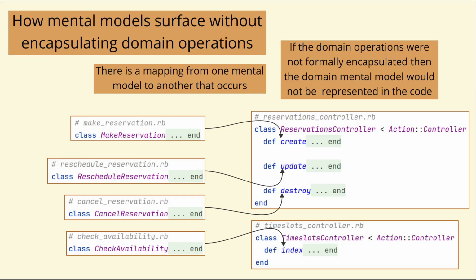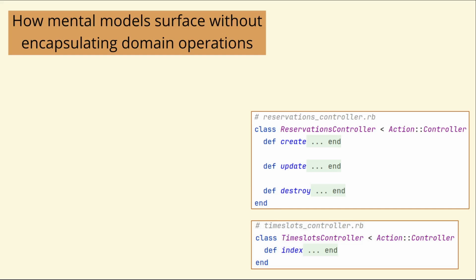And the main point I want to drive home here is that we do have a mapping between mental models. And so if you have a situation where you do not have any representation at all of the actual business domain model, you can wind up in a situation where you're left with the mental model of the patterns chosen to solve the problem in engineering. And this is not specific to REST.